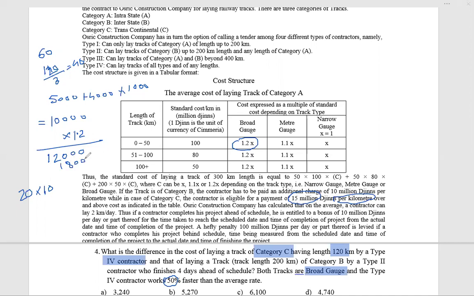Extra 1,800, plus 200. So it is coming as total 14,000.